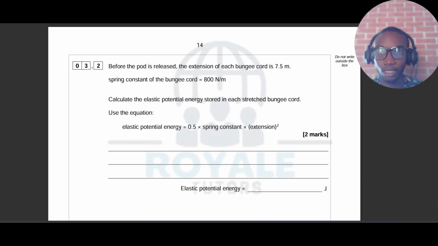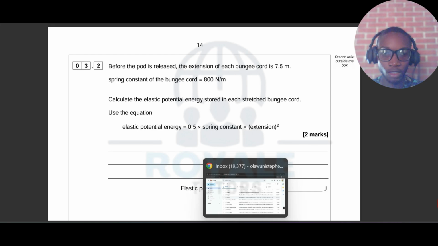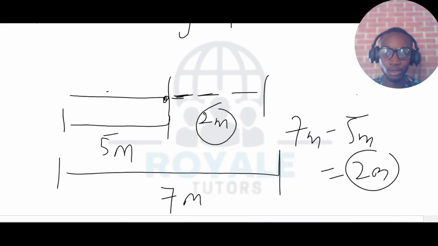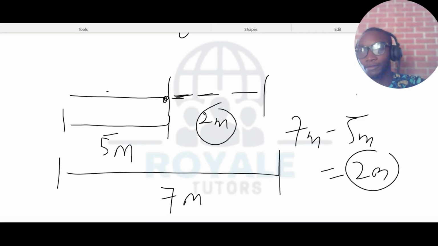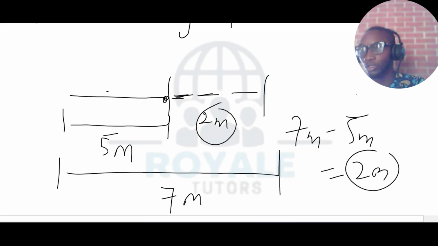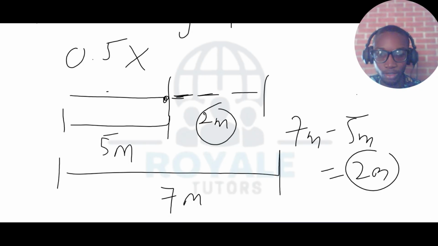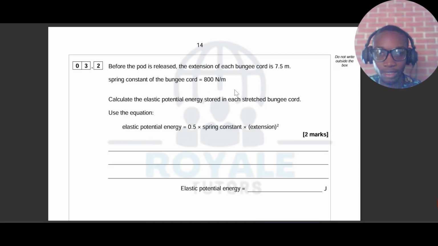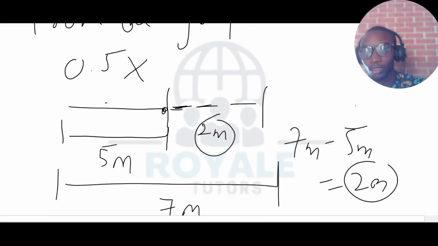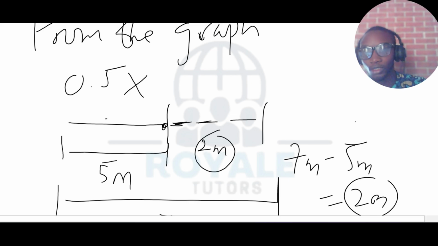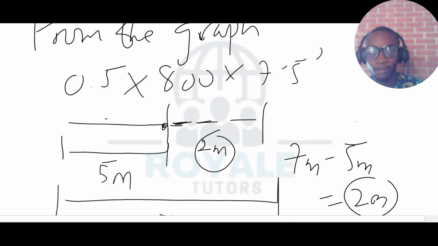So you just have to punch this in your calculator. I'm also going to punch it in my calculator. 0.5. So what's our extension? The spring constant is 800 times 7.5 squared.